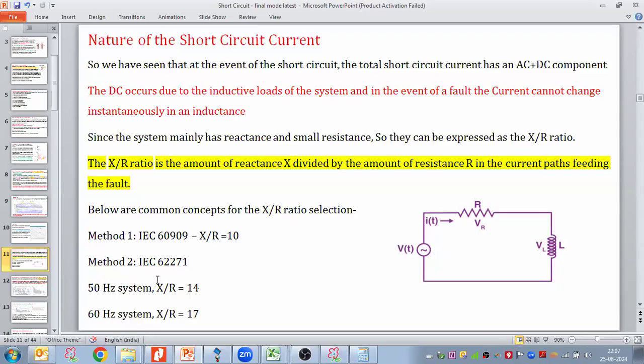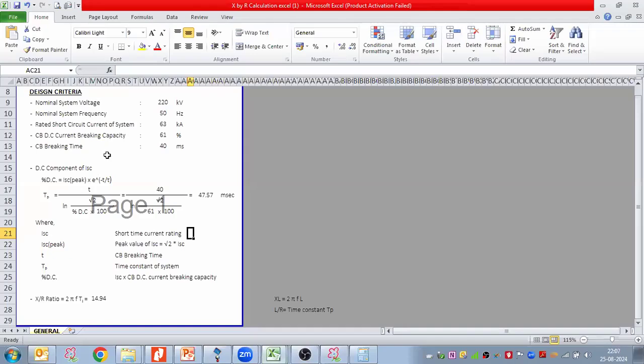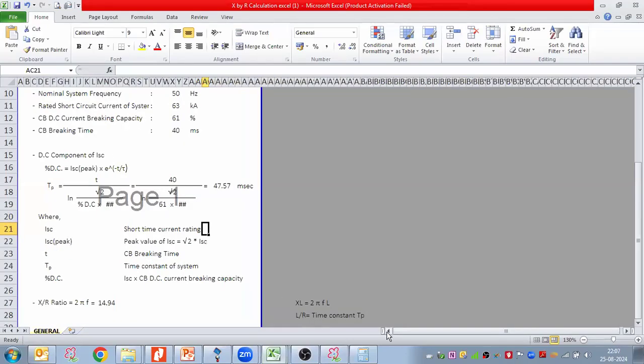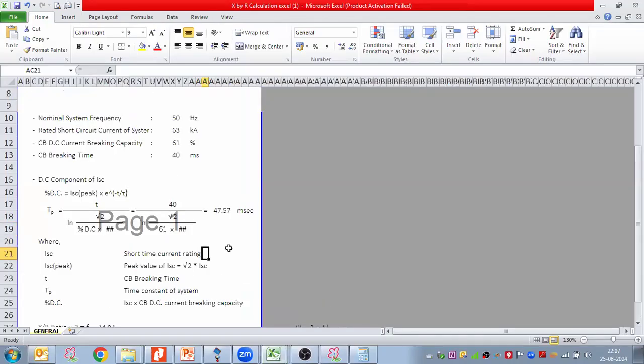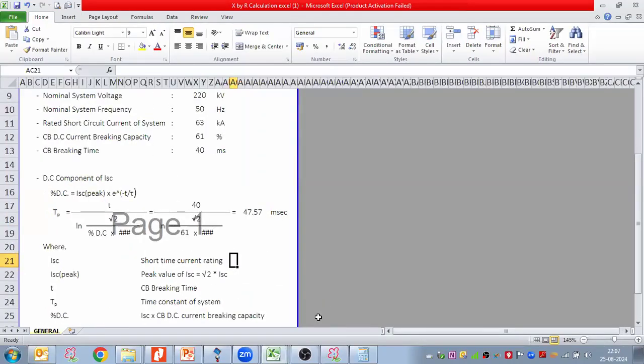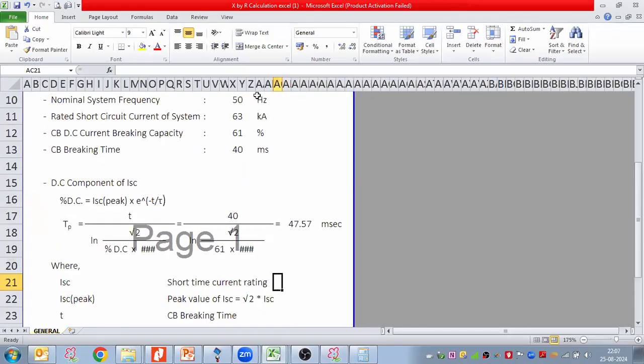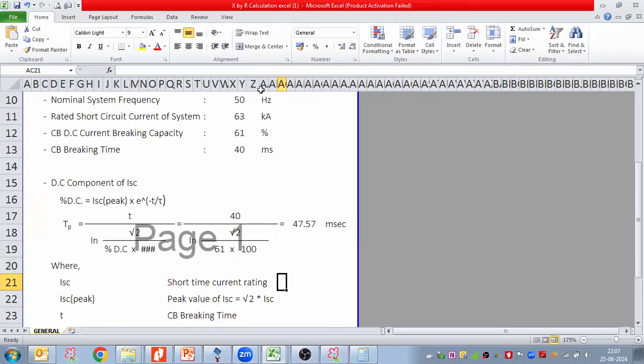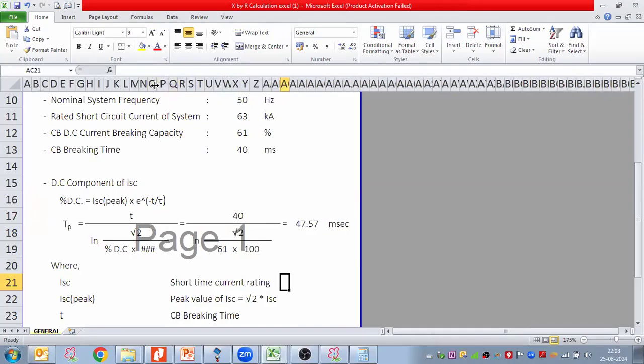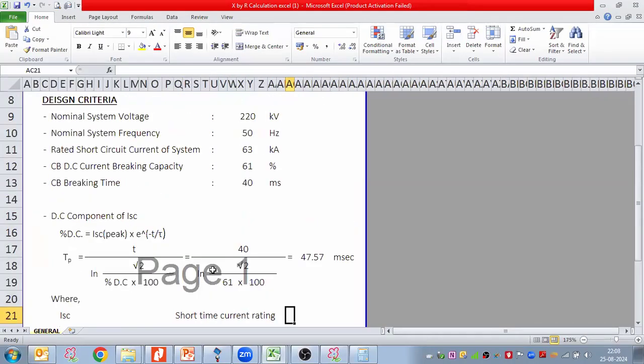Otherwise, we can calculate it as well. So how to calculate the X by R ratio? If you remember, we did these calculations during the CT sizing calculations. I'm just trying to recall the previous discussions as well.